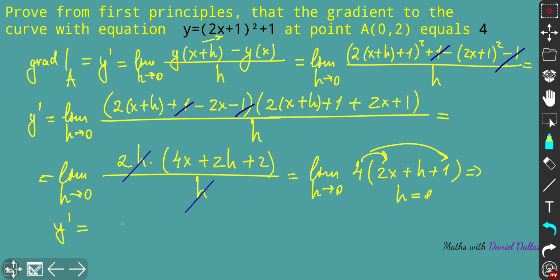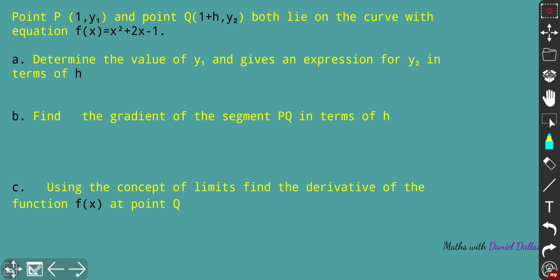So h is 0 and we'll get 8x plus 4. Now, because the derivative is an expression in x, right now we can freely put the coordinate x equals 0. That's why we'll get 4. That means the gradient at the given point A is equal to 4. Okay, so hope you understand that.